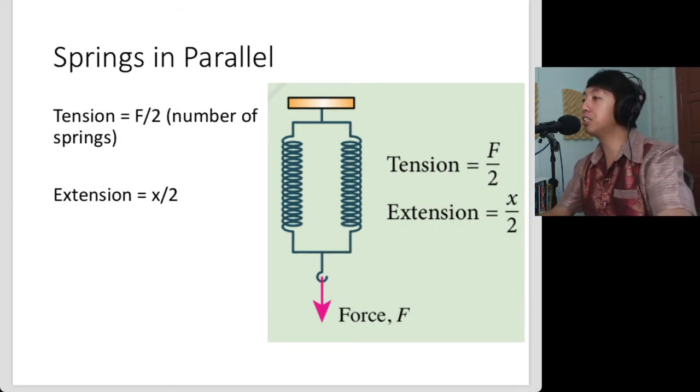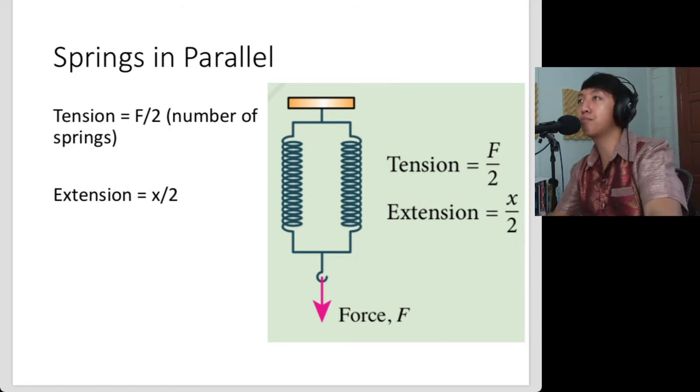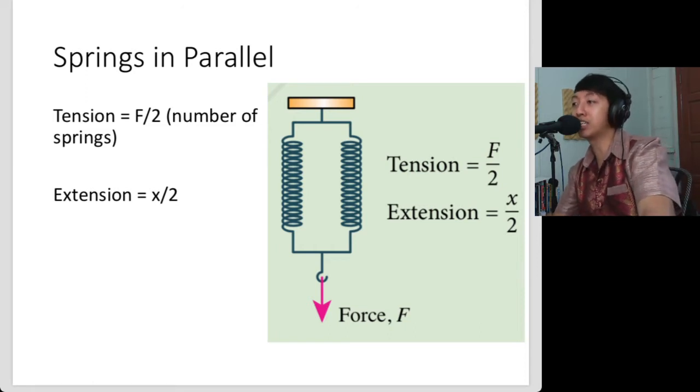Now kalau springs in parallel, di mana springs disambung yang begini, then tension, daya itu kita bahagi 2 ataupun berapa sajalah spring. So for example, kalau berat di sini ialah 10 newton, setiap spring masing-masing akan mengangkat 5 newton. Kalau 2, kalau 3 kamu bahagi 3. Kalau 4 kamu bahagi 4.